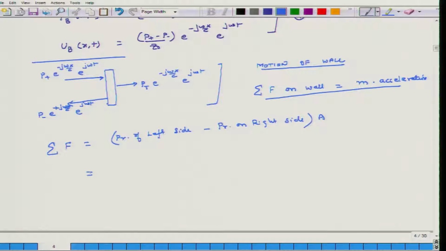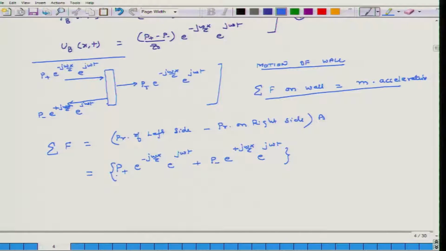So what is the pressure on the left side? It is equal to the incident pressure plus the reflected pressure. So it is P plus e to the power of minus j omega x over c, times e to the power of j omega t, which is the incident component, plus P minus e to the power of j omega x over c, times e to the power of j omega t.